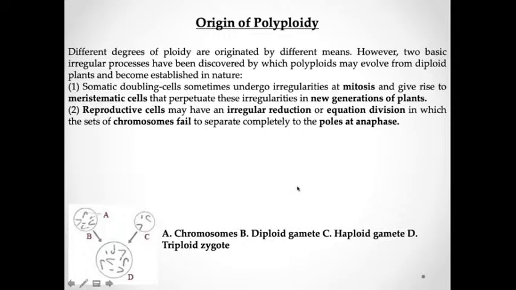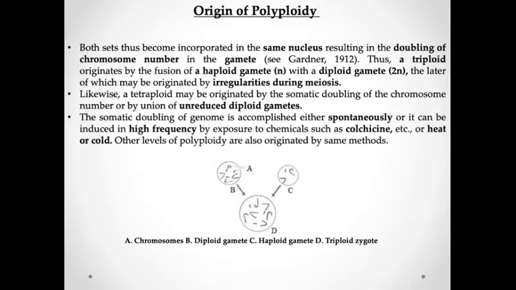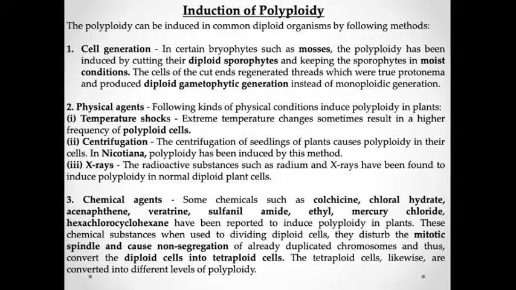Here you can see first there are chromosomes, then diploid gametes are formed, then haploid gametes are formed, then a mixture of diploid and haploid gametes makes a triploid zygote. So you have three different kinds of chromosomes at the end in your zygote. So what could induce polyploidy?